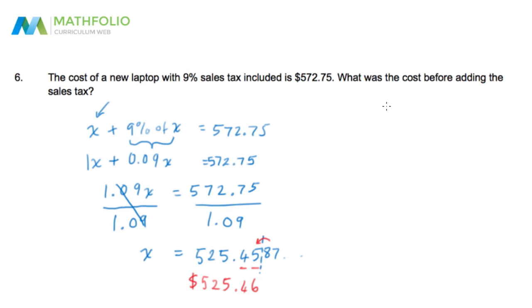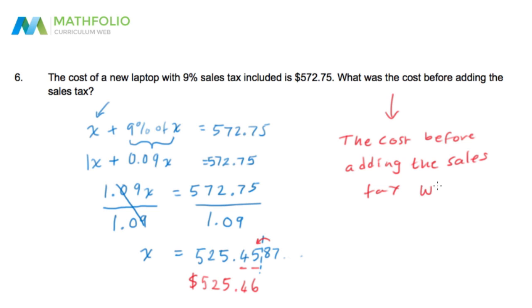And really we should write this as a sentence to double check and to show whoever's grading it that we completely get this question. So we reuse the words that are in the question. The cost before adding the sales tax was $525.46.